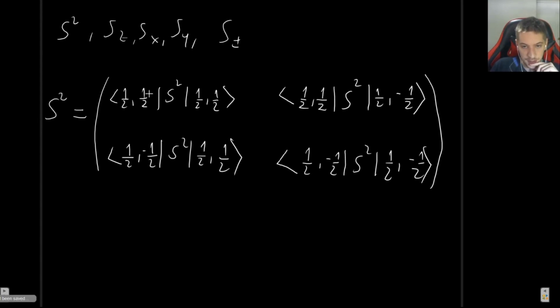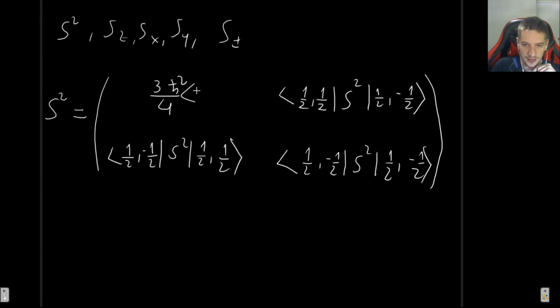So let's calculate this, because we can calculate this, okay? This might seem confusing, but remember what happens when S squared acts on some ket. This is going to give us H bar squared times S times S plus 1. So what is S here? S is 1/2. So we're going to get 1/2 times 1/2 plus 1 times H bar squared. But this is 3/2 times 1/2, which is 3/4.